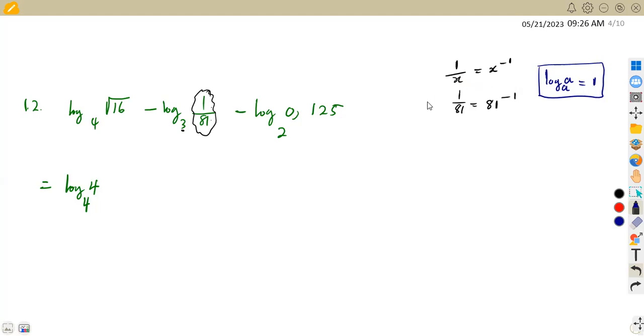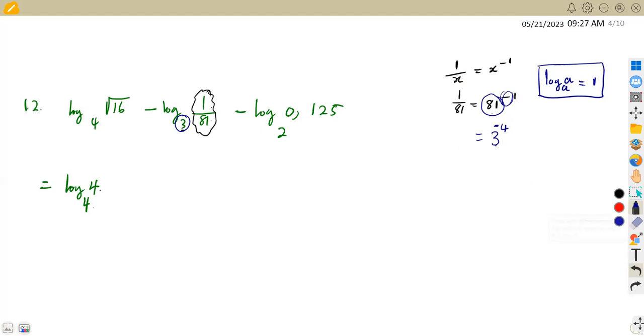So we are trying by all means to have such a presentation like this, log 4 base 4. So let's write our 81 in terms of 3. That's 3 to the exponent of 4. But remember, there is a -1, so we multiply by a negative. So this is going to be 3 to the exponent of -4.